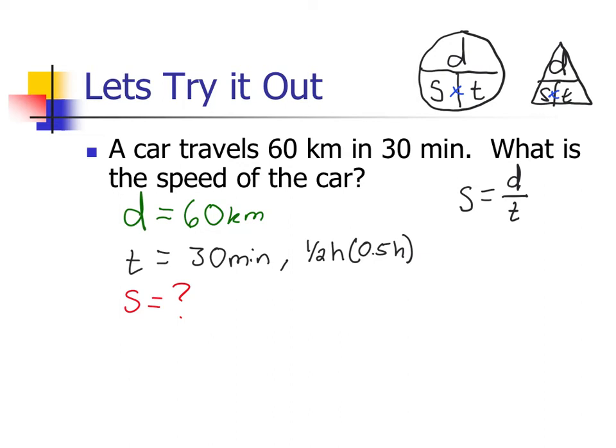So it does not matter which one of these that you use. You have three options for the equation. It does not matter which one you use to me, as long as you're using one.